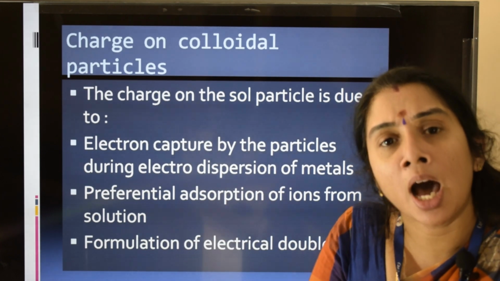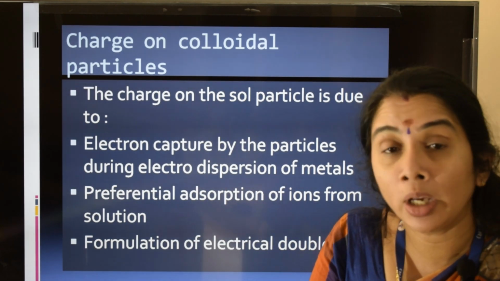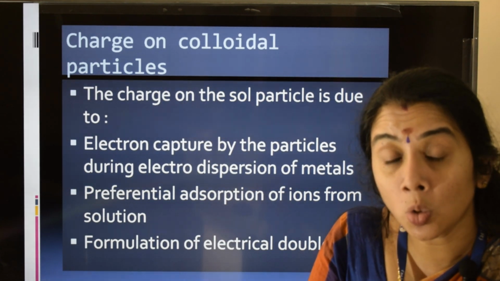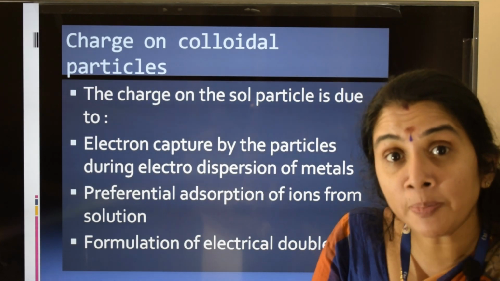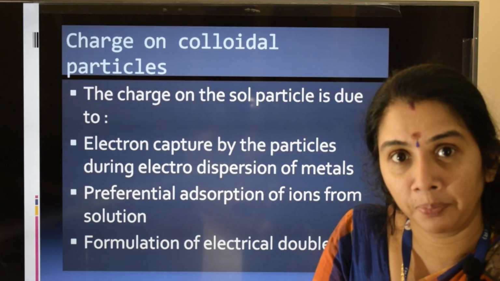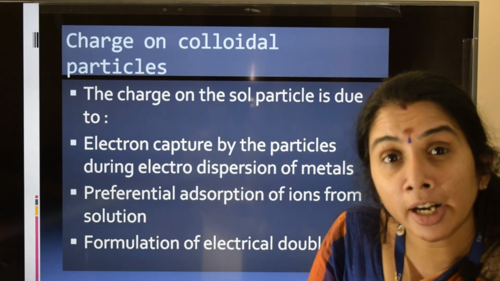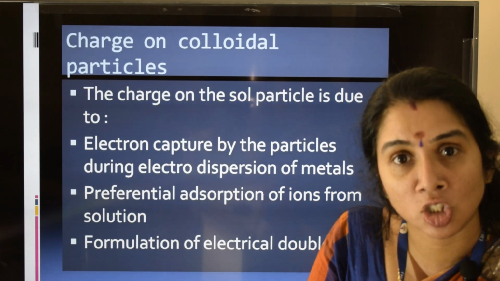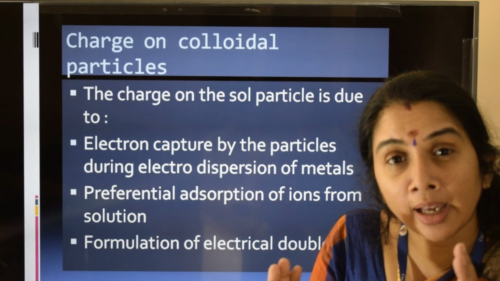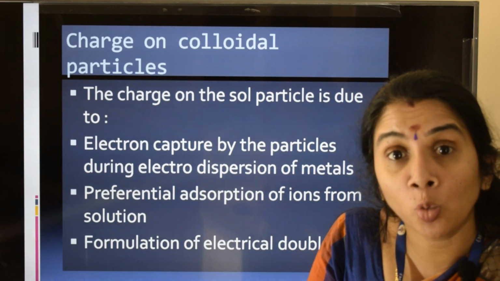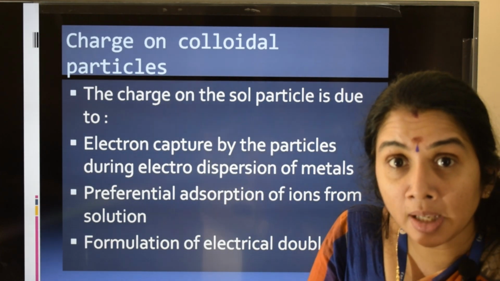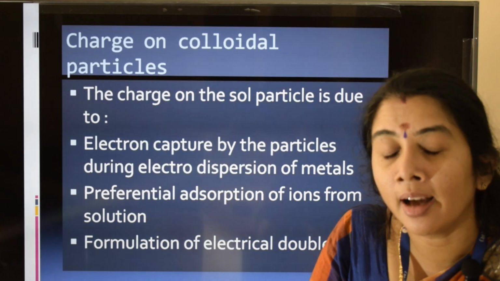In Bredig's arc method, we take two metal electrodes whose sol has to be prepared, and they are dipped in the dispersion medium, and the two electrodes are connected to a high electric discharge. When high current is passed, they start vaporizing. This beaker is immersed in a trough containing an ice bath.